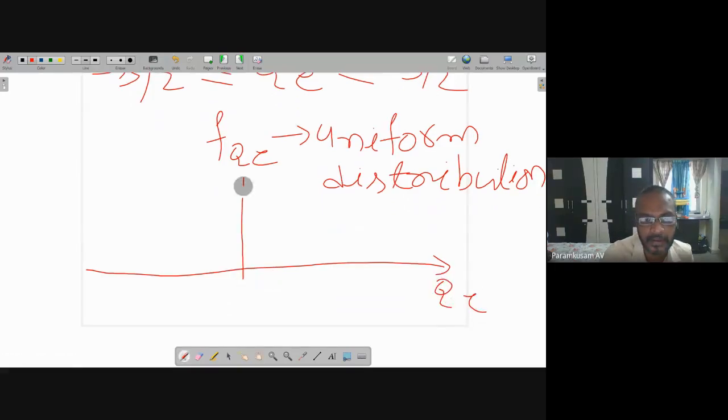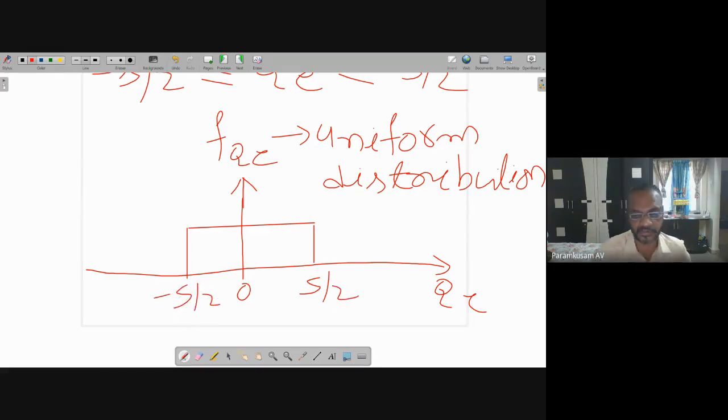Uniform distribution. అంటే దాని అర్థం ఏంటంటే if you draw the graph between QE and FQE, the y-axis is FQE, the x-axis is QE, then the probability density function is uniform between minus s by 2 and plus s by 2. ఓకే, గుర్తుందా, సెకండరీలో చదివారు కదా యూనిఫామ్ రాండమ్ వేరియబుల్. So that is, the probability is constant.